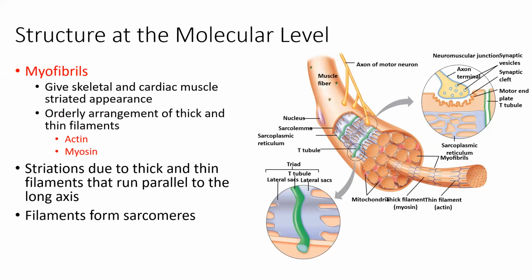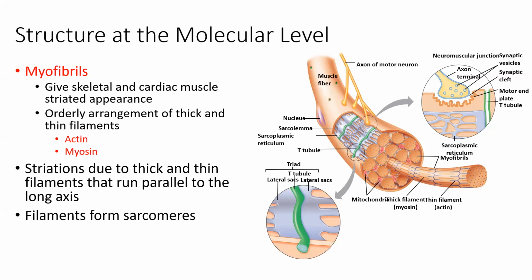Okay, so now let's look a little bit more closely at the actual myofibril. So the triad was actually surrounding the myofibril. Let's look at the myofibrils themselves. These are what give skeletal and cardiac muscle their striated appearance. So we're going to see this same type of repeating unit, the myofibril, in skeletal muscle as well as in cardiac muscle.